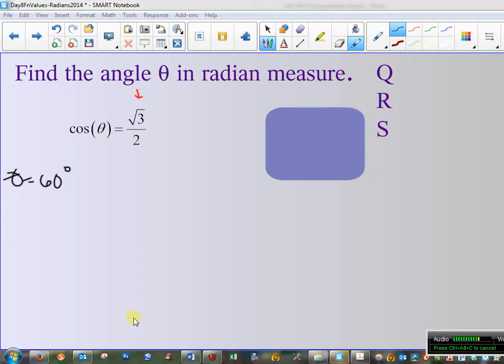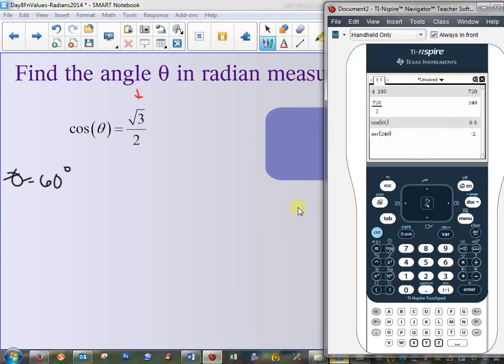But let's see if our calculator is of any help with this. If we know the cosine of theta is square root of 3 over 2, I wonder if I could use cosine inverse to tell me what the angle is. Let's give that a try. Trig button, cosine inverse, and let me put in a fraction template there, a square root of 3 on top. And on the bottom we're going to put the 2, and I'll hit the enter key.